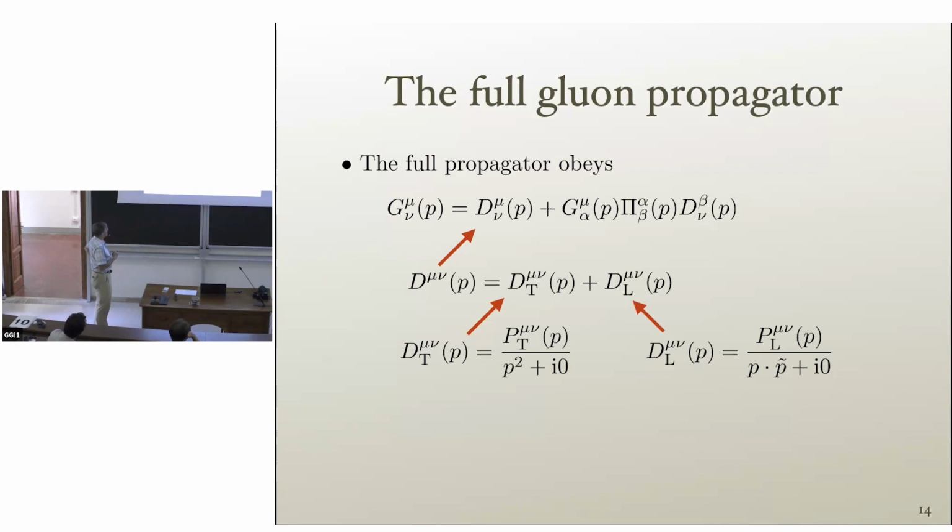This D, the tree-level version, has a transverse part and a longitudinal part. The transverse one has a numerator P transverse, that's epsilon mu, epsilon nu, and the longitudinal one has whatever is left over. The transverse one is divided by P squared, and the longitudinal one is divided by P dot P tilde. There's no 1 over P squared in the longitudinal one.